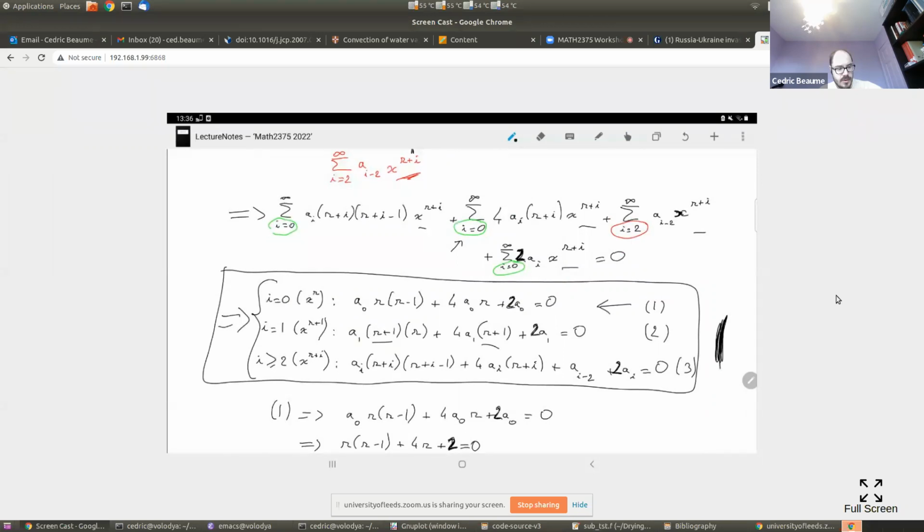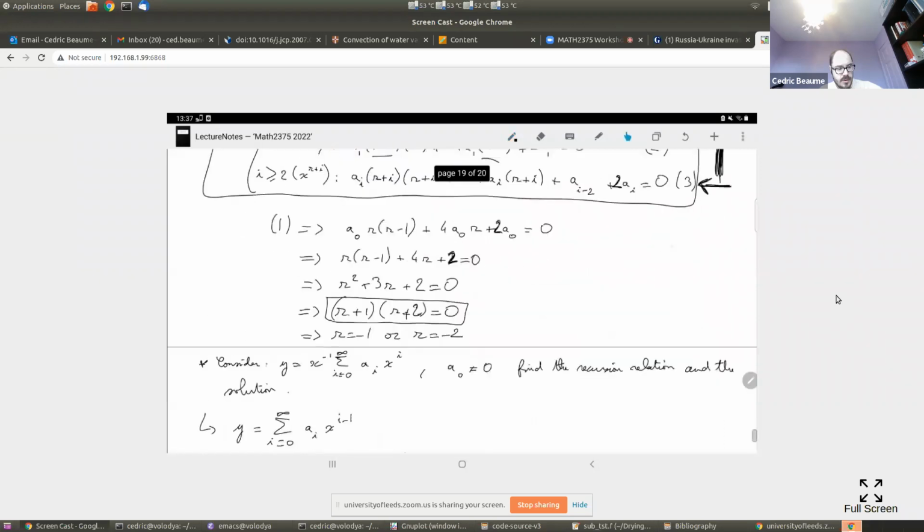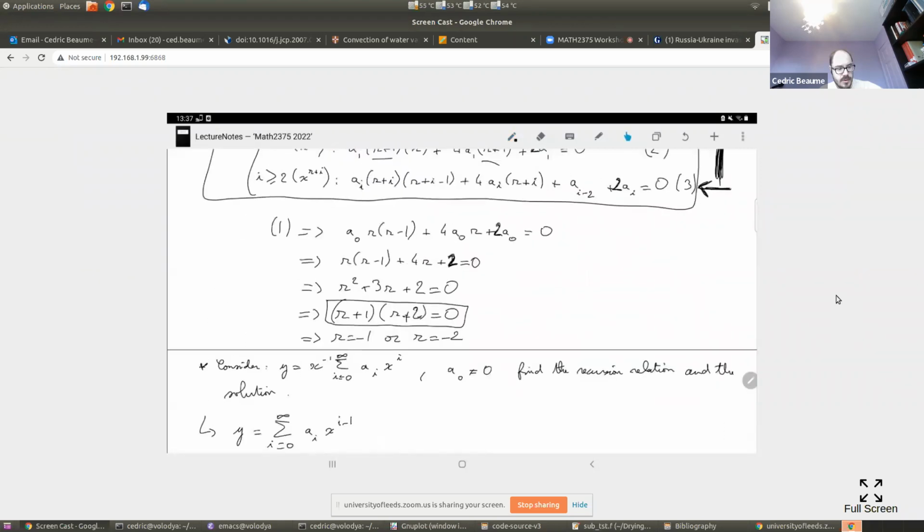Whenever we can, as early as we can, we write that sort of indicial relationship. Once we've got this, the first equation gives you the indicial equation that tells you what the value of r is. That's equation 1, which we've just done here. And then you just unroll the rest of the calculation.